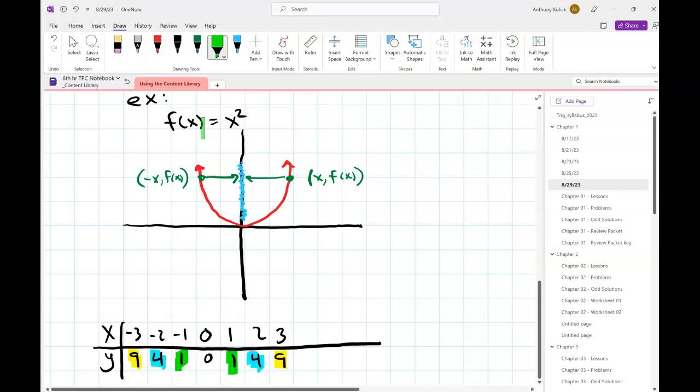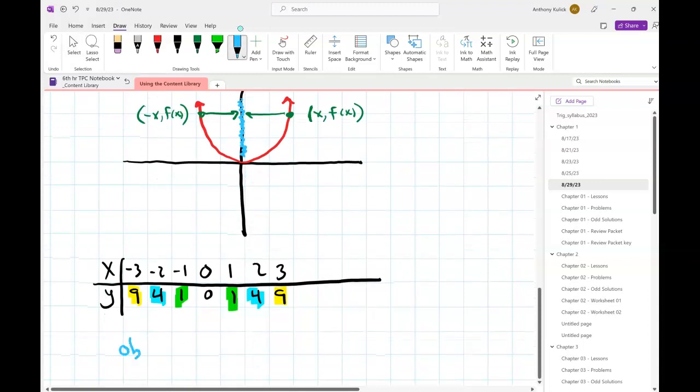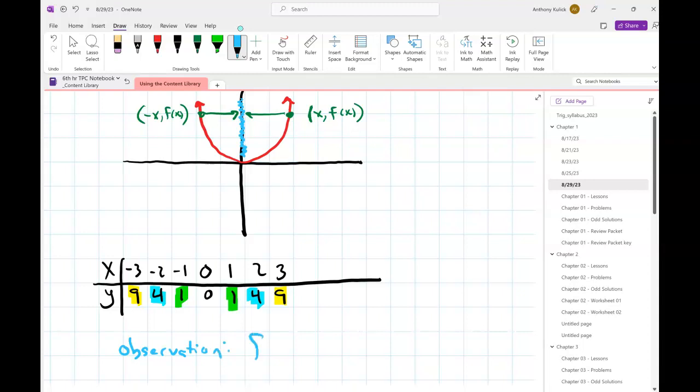Everywhere except wherever it's hitting the y-axis, that point of reflection, or that line of reflection, I should say. So what is my observation here? That if I evaluate negative x, it should give me the same thing as evaluating positive x, right? F of 3 was 9, and f of negative 3 was also 9. They both give me the same y-coordinate.